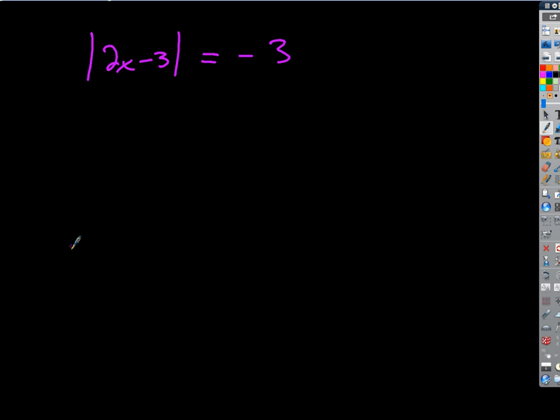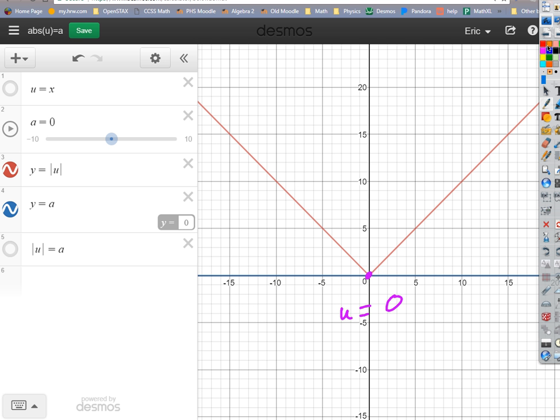Never. That's right. Look at our picture. If I set the absolute value of u, the red v, equal to a number that's negative, like negative 3, does the blue line ever intersect the v? No. So there are no solutions. Does that make sense?